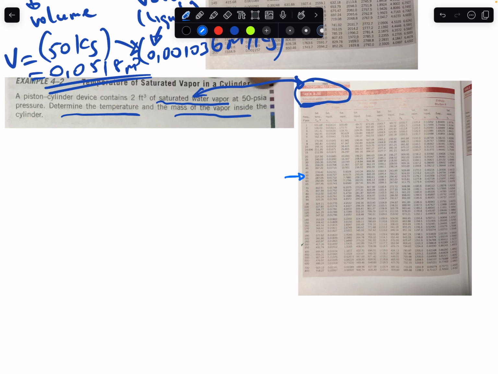So technically, I want to determine the temperature at saturation, because the question says I should determine the temperature of saturated water vapor. So I just write a short abbreviation for that, which is the saturated temperature of water at 50.